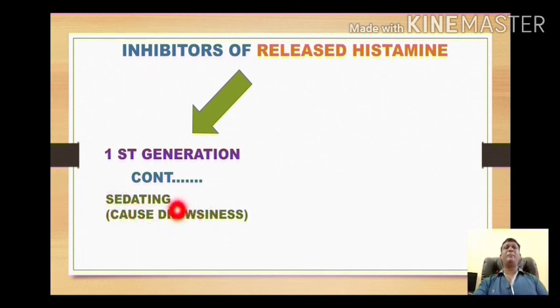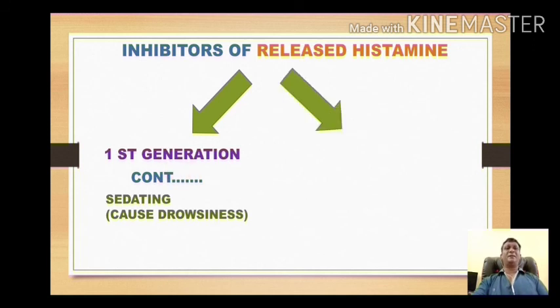Sedating means they produce sedation, which is also known as drowsiness. You may recall that if you take some syrups for cough, cold and other disease condition, then such syrups produce some sedation. So such compounds are called as sedating antihistaminic drugs.